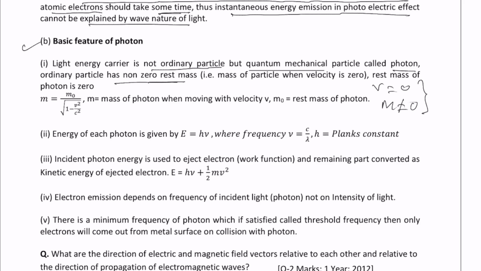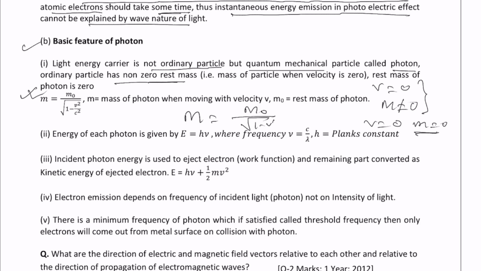But for a photon, when velocity is zero, then mass is zero, correct? So now the mass equals the relativistic mass given by Einstein's theory of relativity. M is equal to m0 over the square root of 1 minus v square by c square, where m is the mass when velocity is v, and m0 is the mass of the particle when it is at rest, when velocity is 0.